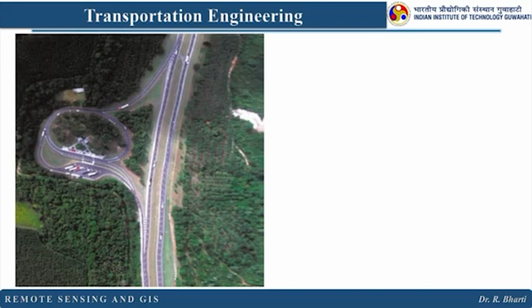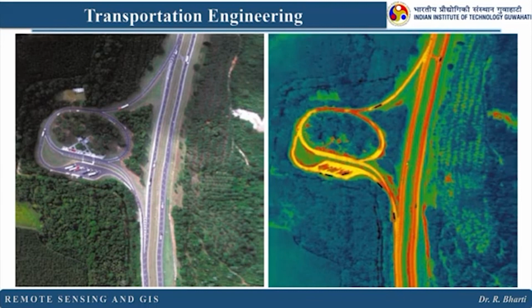This is a very interesting work which has been done to identify the truck resting areas. So here you can easily find, by using this thermal remote sensing data, that some of the vehicles are of dark color, these are the black ones, right? So that means these trucks are lying here for a long time.